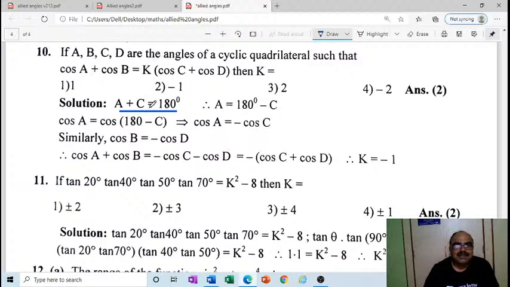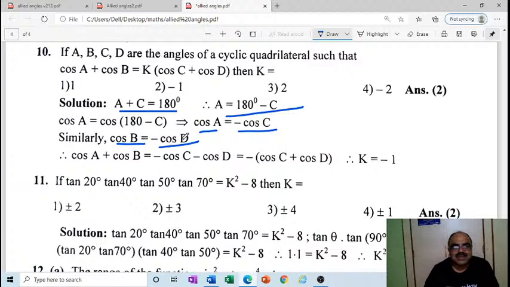So A plus C, if you say, is 180, A equals 180 minus C. And cos of 180 minus C is minus cos C. So cos A equals minus cos C. Similarly, cos B equals minus cos D. Add these two.